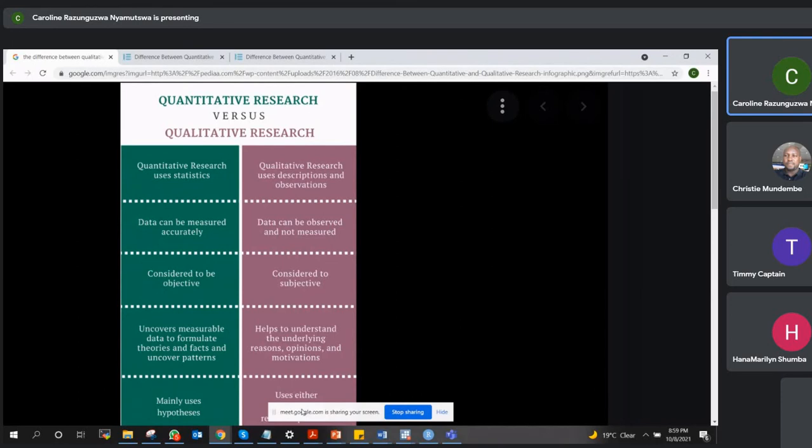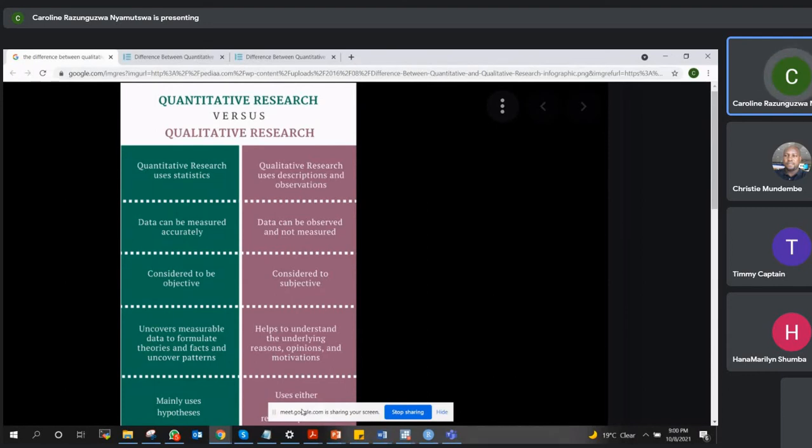Moving on, data can be measured in quantitative research, while in qualitative research data can be observed and not measured. Quantitative is considered objective, as indicated earlier, and qualitative is considered subjective, because we cannot measure; we are basing on someone's experience or explanations, which are not discrete figures or facts.